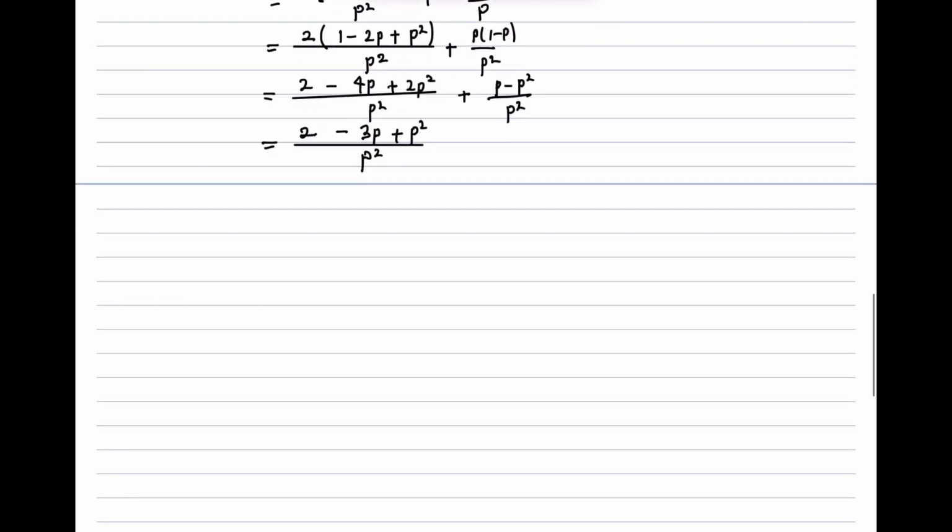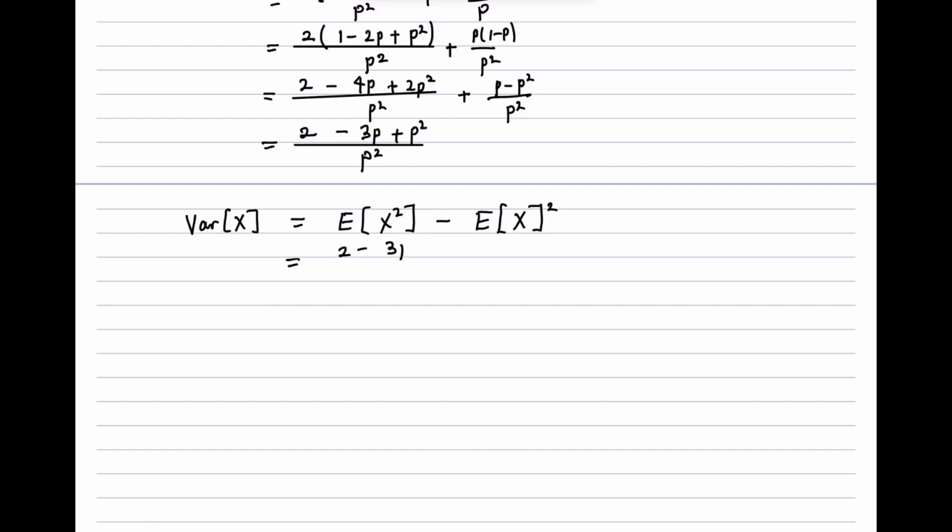And now finally, after all this work, we can come up with an expression for the variance. And we know that the variance of x by definition is the expected value of x minus the expected value of x all squared.